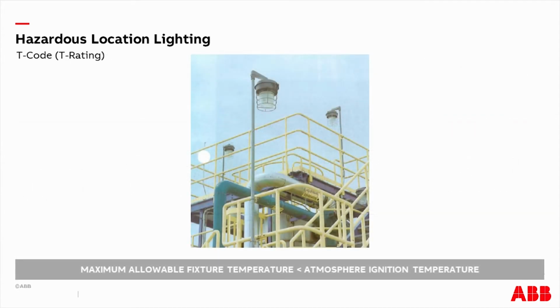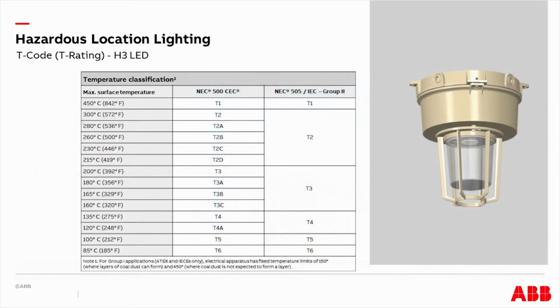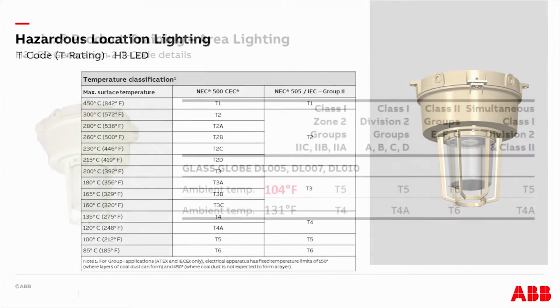In a hazardous area, the maximum surface temperature of an electrical device must not reach the ignition temperature of the potential explosive atmosphere that it operates in. T numbers help ensure the selected lighting fixtures are the maximum allowable temperature for hazardous materials. Our H3 LED offers a wide range of lumen levels for most hazardous locations with varying wattages.